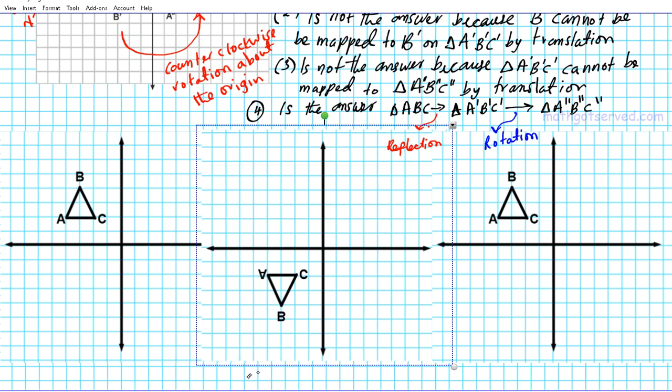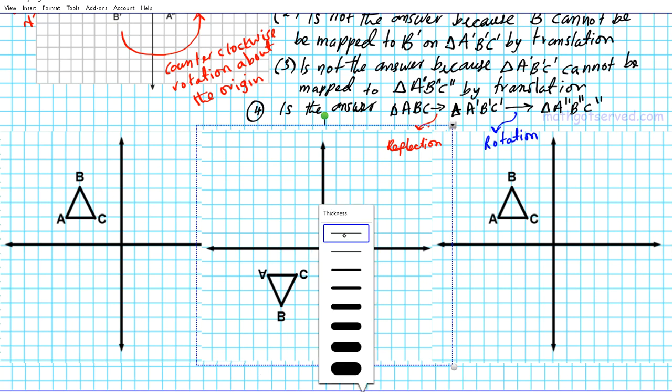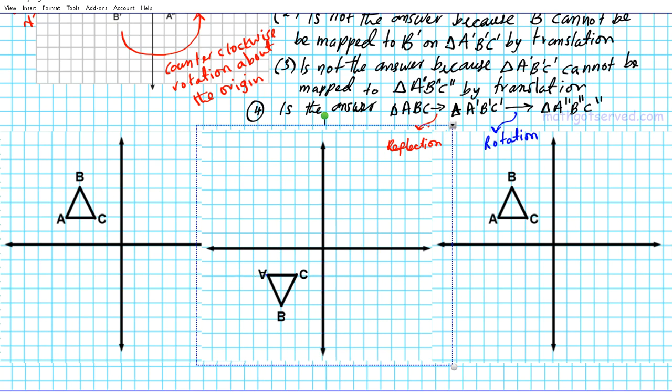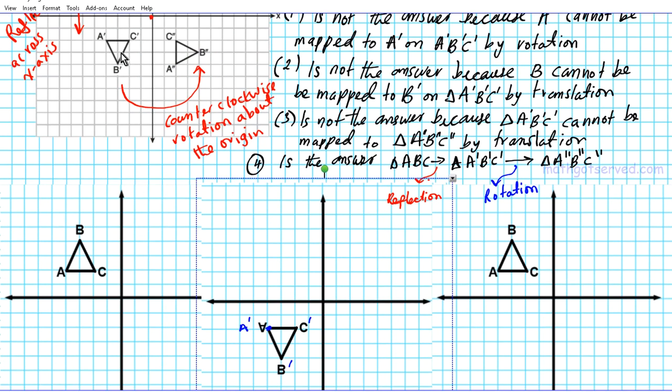What we have now is, it's kind of written upside down, but you get the gist. This is A prime right here. This point is A prime. This is B prime, and this is C prime. A is upside down. Alright, so if you look at what we have over here, it matches perfectly. A prime, C prime, B prime.